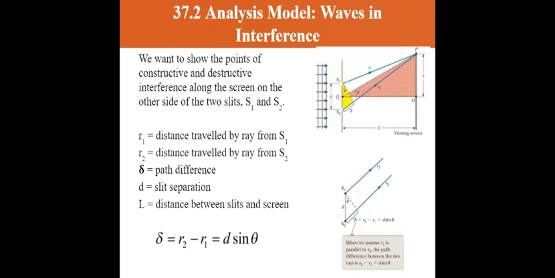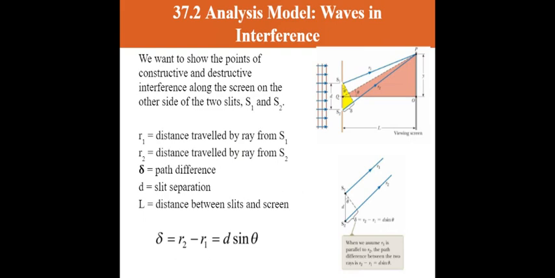So how do we mathematically calculate where on the screen you'll see the interference, the bright fringes and the dark fringes? To figure that out, we just need to think about the path difference. Let's consider some point on the screen, and by some geometry arguments, you can figure out that the path difference is just the difference between how much light from one slit travels versus how much light from the other slit travels.